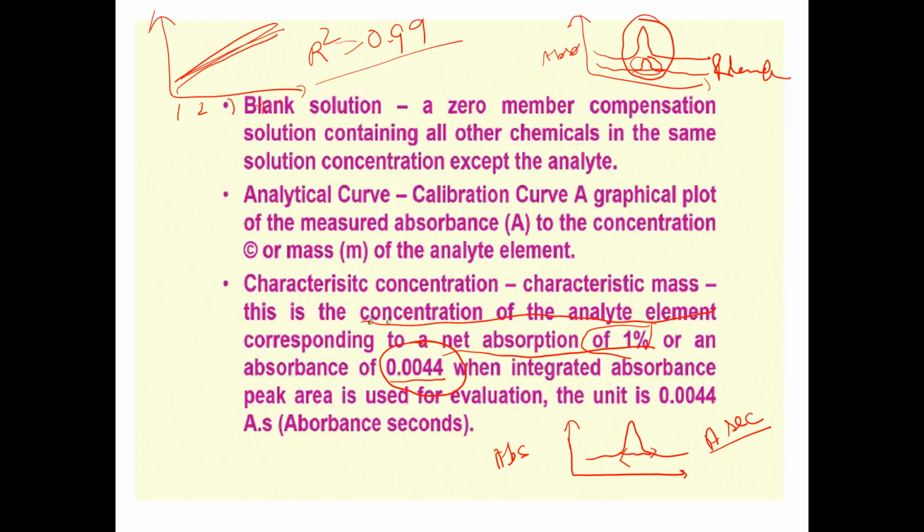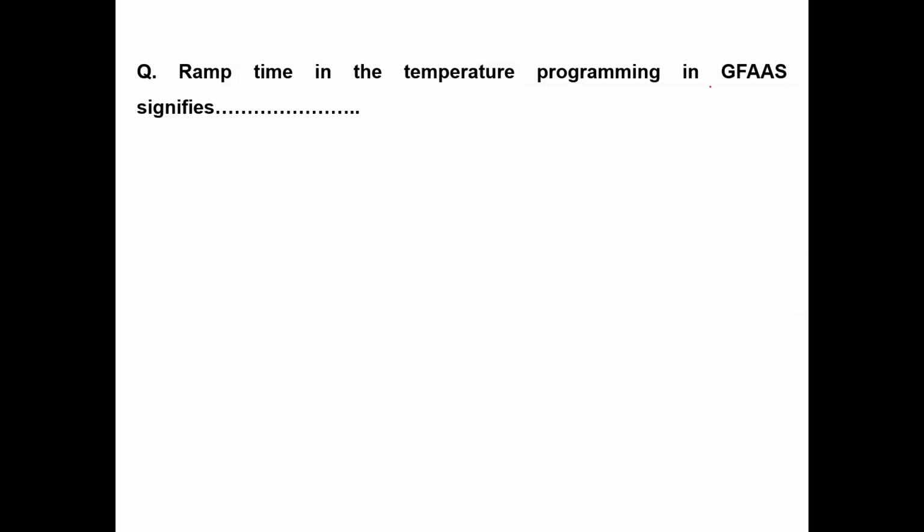The next one is related to ramp time in the temperature programming in graphite furnace AAS. What does it basically signify, or how can I define it in one term? Ramp means if you are doing temperature programming, let's say at 0 seconds the temperature is 90 degrees, and after 5 minutes you are going up to 120 degrees centigrade. So this is the ramp time.